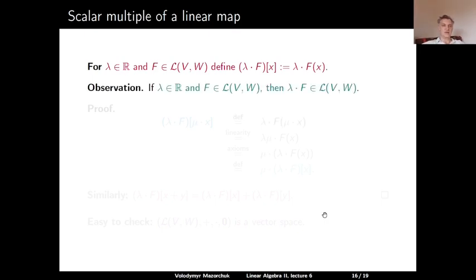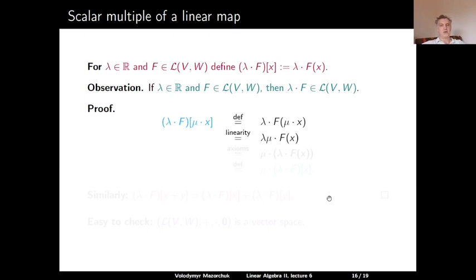And a similar observation: if lambda is a real number and F a linear map from V to W, then lambda.F is a linear map from V to W. Proof. Again, let us check one of the axioms and all others are checked similarly. If we apply lambda.F to the element mu.x, then by definition this is equal to lambda times F of mu times x.